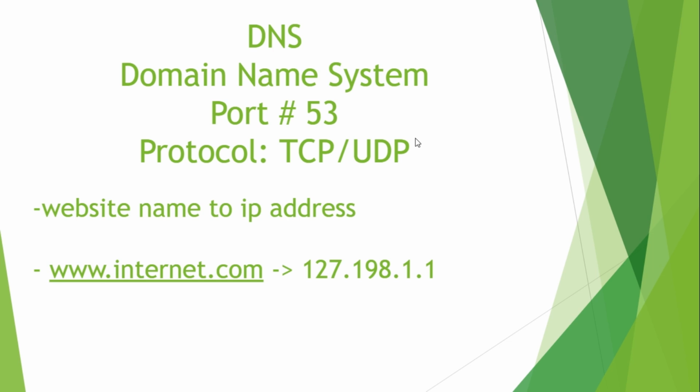And remember, the whole purpose of DNS is to take a simple name like www.internet.com, because humans like names, and convert it to an IP address. Remember, computers work in binary. And this right here is IPv4, IP version 4. It uses this format, so to speak.